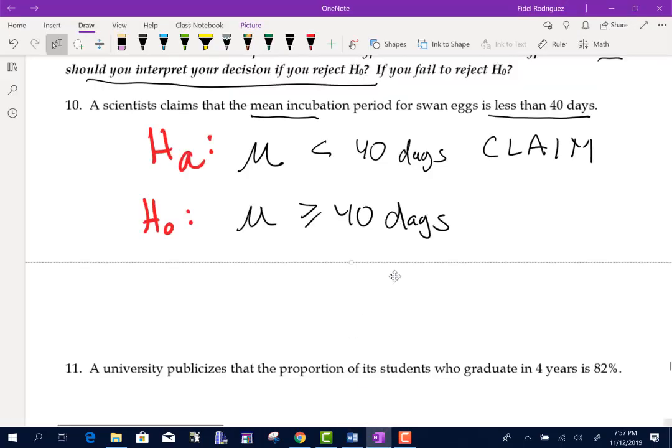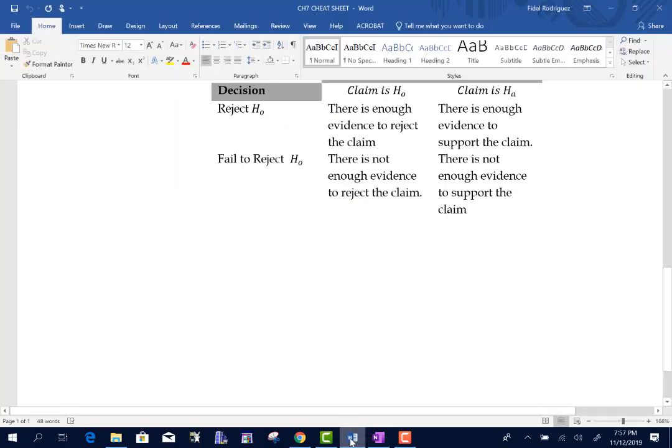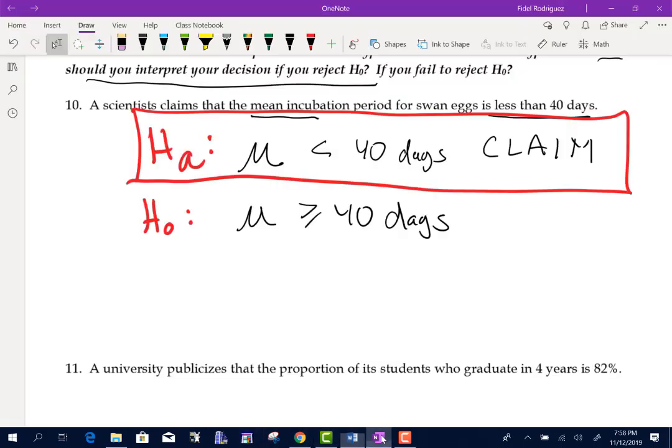So if I come back here, our claim in this case, is it the null or the alternate? The alternate. Okay, so guys, if I look at that handout that I gave you, my claim is the alternate, okay? If we reject the null, then what we would say is there is enough evidence to support the claim. So all I'm going to do is come back over here, because this is our claim, which is the HA, okay?